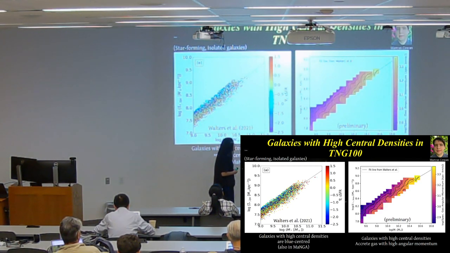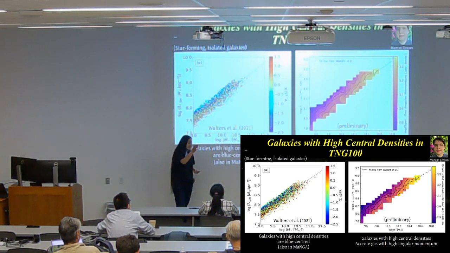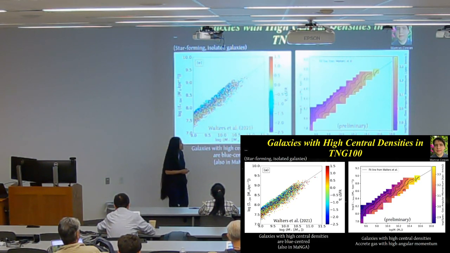And what we see here is that, indeed, if you have high sigma 1 compared to your mass, or high sigma 2, high core densities, you are accreting gas at lower specific angular momentum. So your gas is more likely to be accreted nearer to the centers of the galaxies.